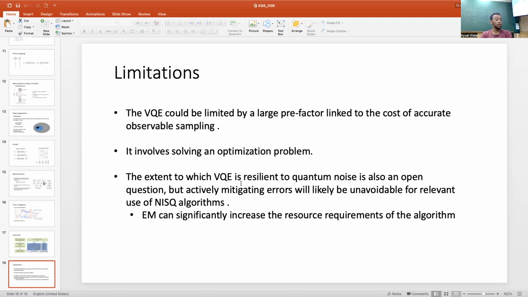So we probably need error mitigation to get some sort of quantum advantage from VQE. And the problem is that error mitigation also requires some cost. So it incurs additional resources for the whole algorithm, so it might be really hard to get some quantum advantage from VQE.